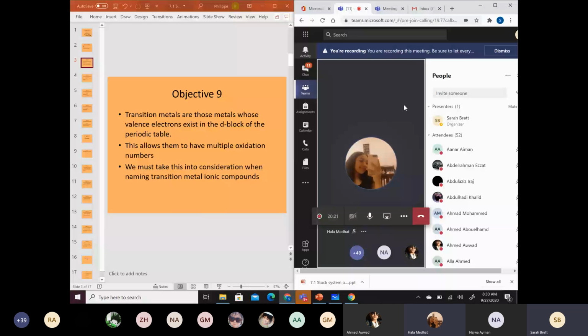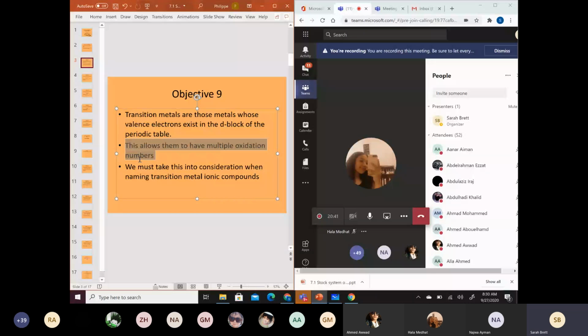Okay, so let's look at our objectives. It says transition metals are those metals whose valence electrons exist in the D block of the periodic table. This is what we did last year. This allows them to have multiple oxidation numbers. Don't worry about this point yet. You are not there yet, but what they mean is different charges, okay?